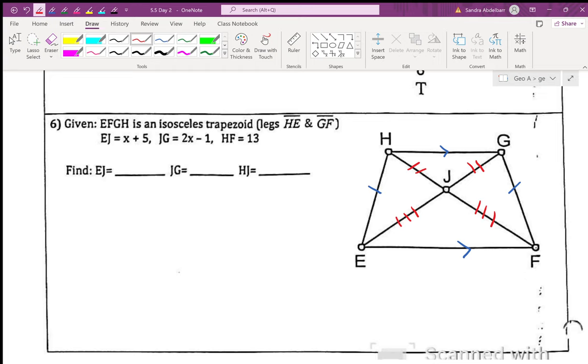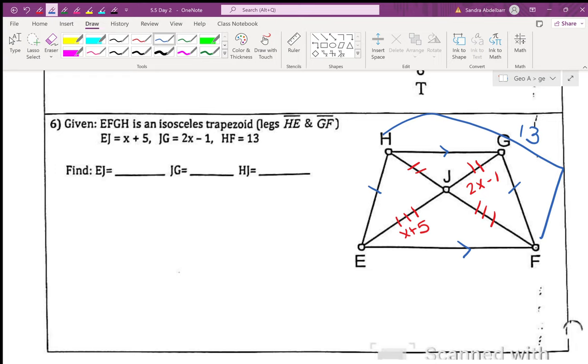All right, so here we have that EJ is x plus 5 and JG is 2x minus 1. All of HF is 13. So we want to find, which one? E to J.